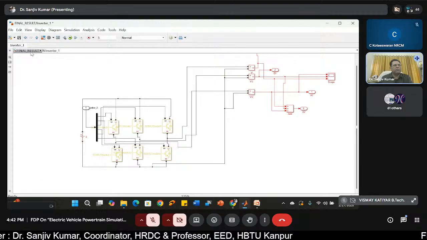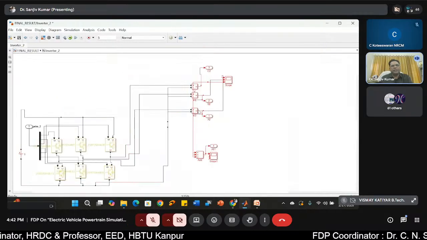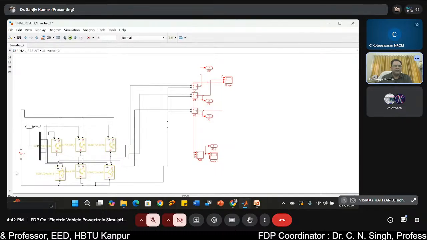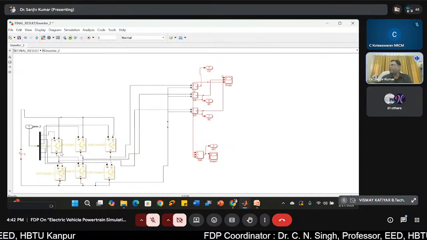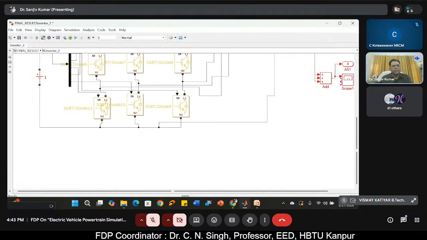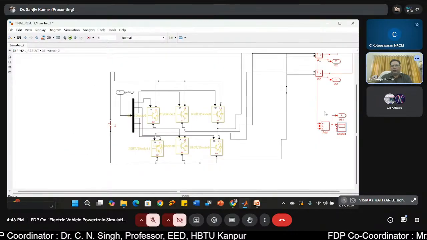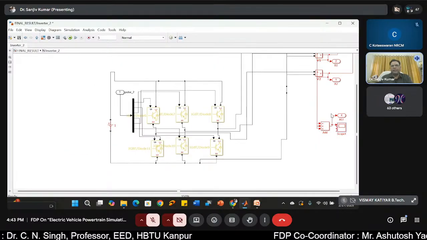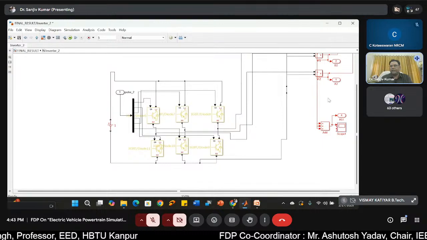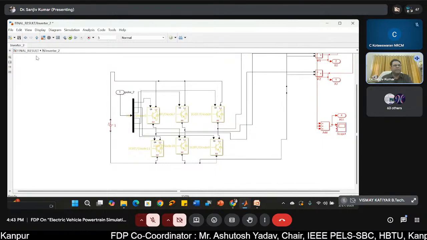Now let me go to the previous one, which is the same type of inverter: a simple two-level inverter. Devices are 135, 462, 135, 462, the ceiling voltage and pole voltage, and the addition of these pole voltages, all the things are there.